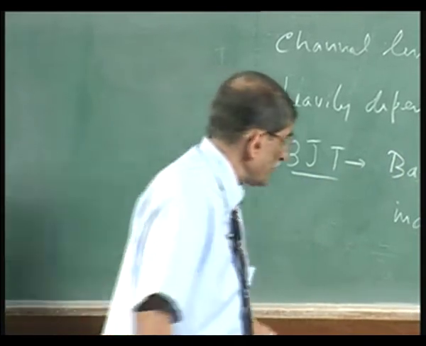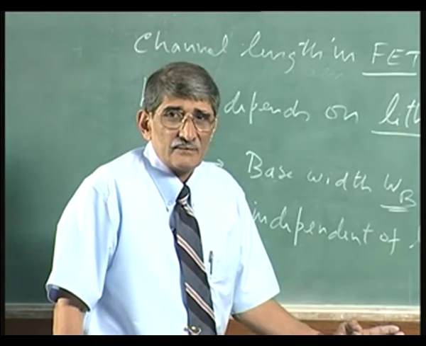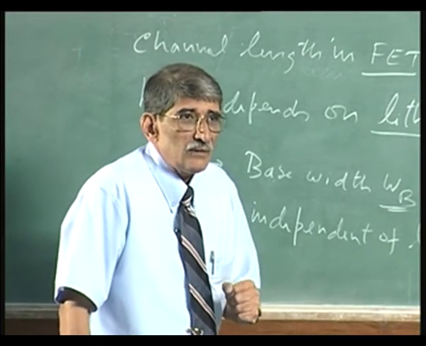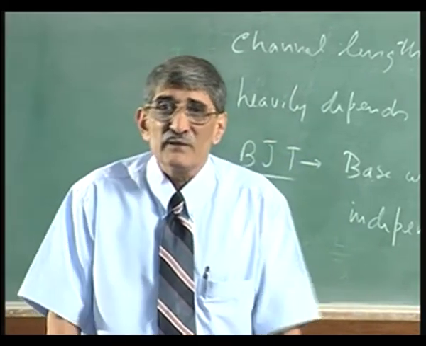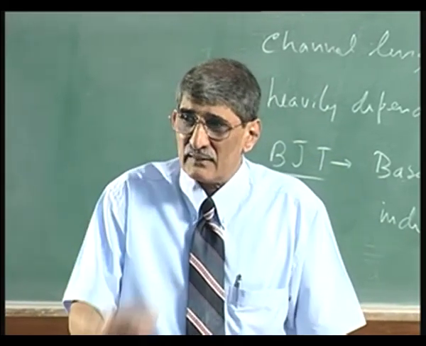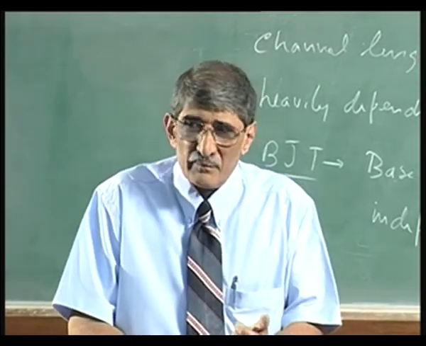Okay. Now, let us go back and see. So, this all gives us the motivation to still look at the bipolar device. Now, can we sort out some of the problems that you have seen by using compound semiconductors like silicon germanium or gallium arsenide or indium phosphide? What problems?